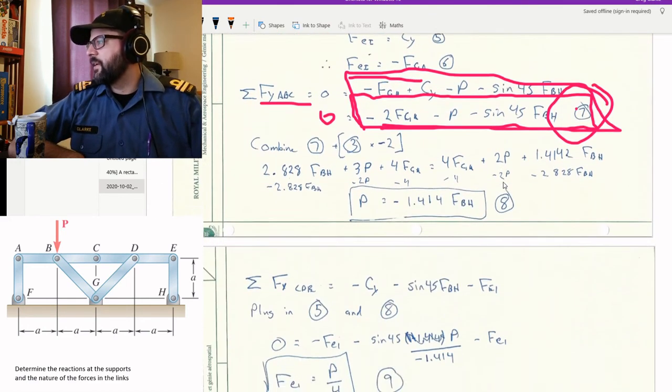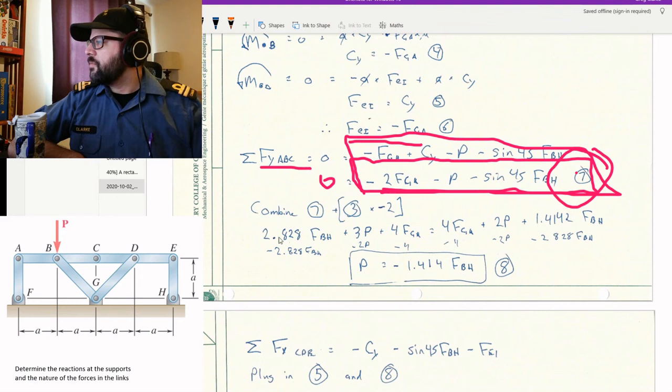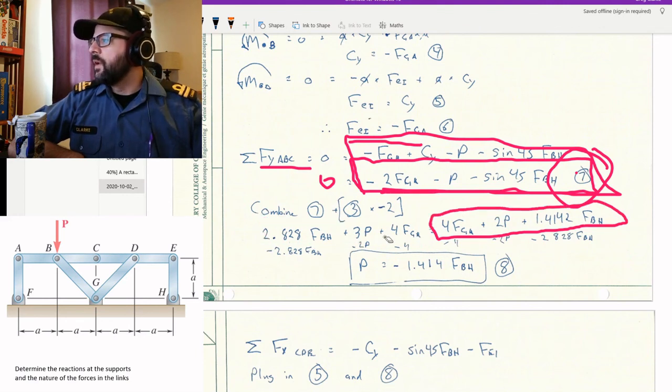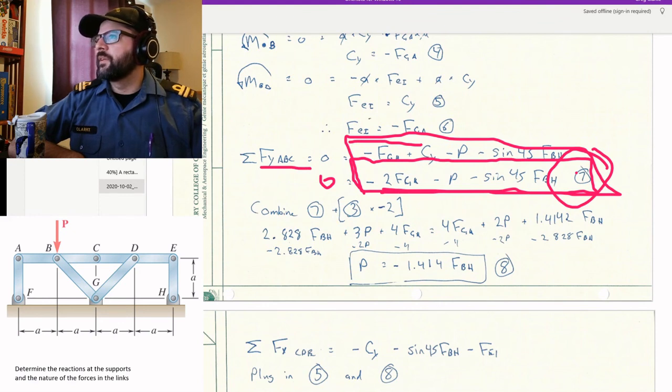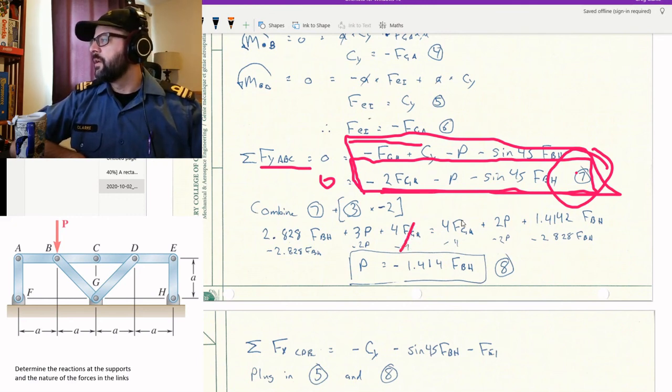But I'm multiplying that by negative 2, just to allow us to cancel out a few things. So if we subtract from both sides of the equation negative 4 FGA, those go away. We can subtract 2P from each side of the equation, so that one goes away, and that one turns to 1.